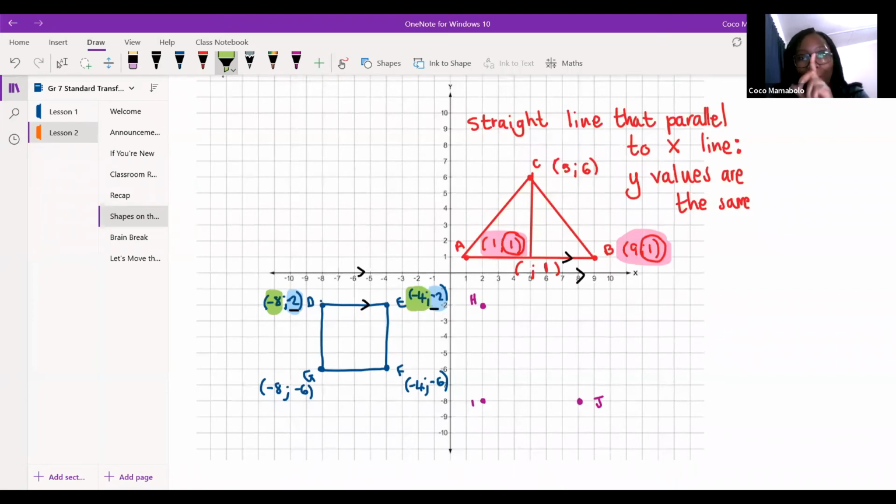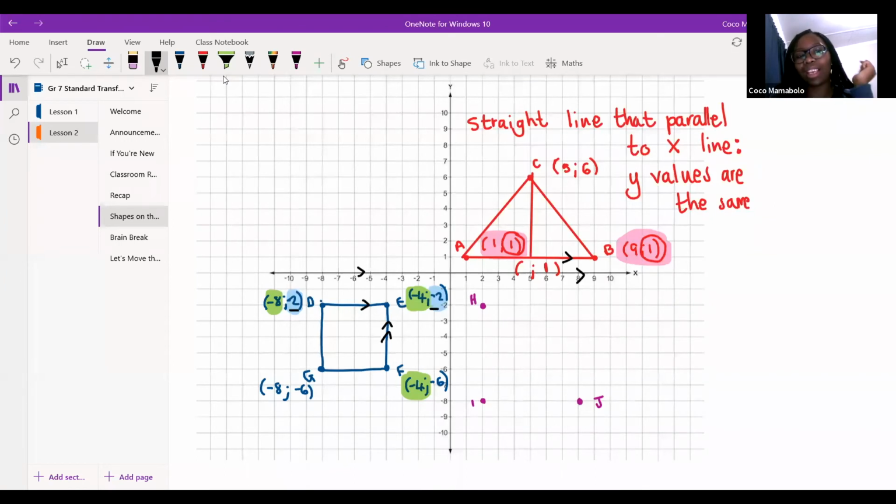Okay. But what happens over here? Let's look over here. There's a -4 and a -4 over here. What do we notice about a straight line that goes up and down like this? Which line is it parallel to? Which one do you guys think?